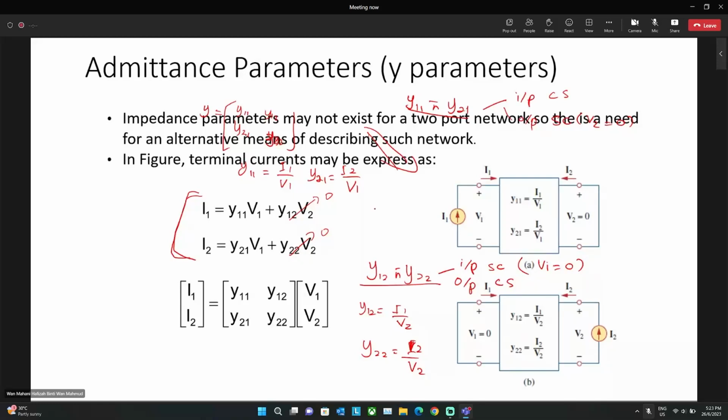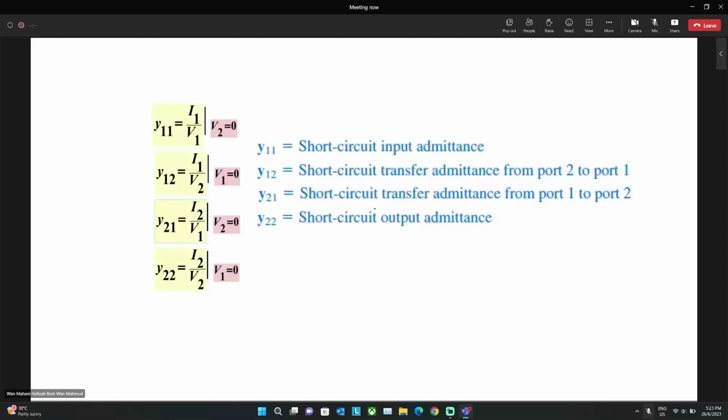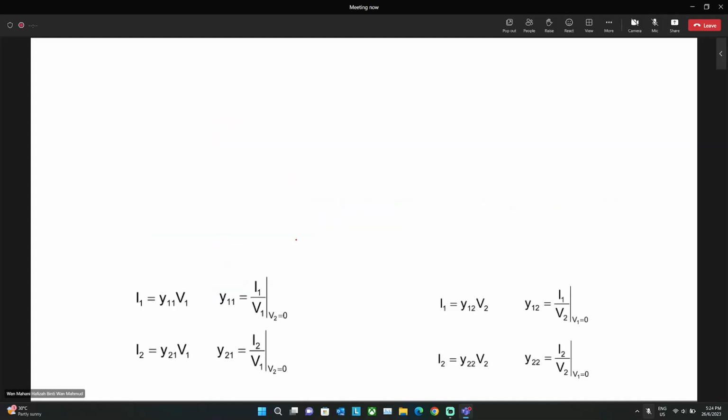Same goes to other parameters juga, yang kita tak boleh represent in Z kita guna Y, kalau tak boleh pakai Y kita guna H. That's why dia ada banyak representation of parameters. So this is the definition untuk setiap terms Y11, Y12, Y21 and Y22. Don't worry, jangan hafal. Tak ada soalan keluar tanya Y11 tu apa, tapi equations dia kena tahu.